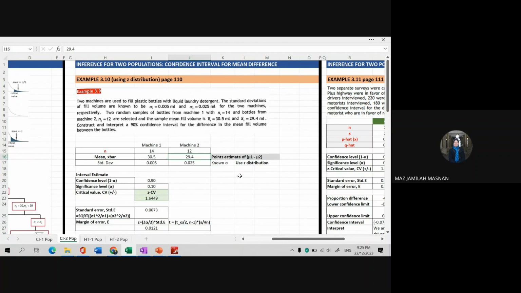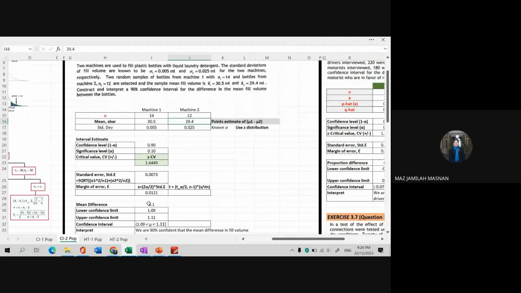So what are the things that you have to understand? First, the point estimate. The point estimate for the difference between the mean of machine 1 and machine 2 is given by the subtraction of these two values.